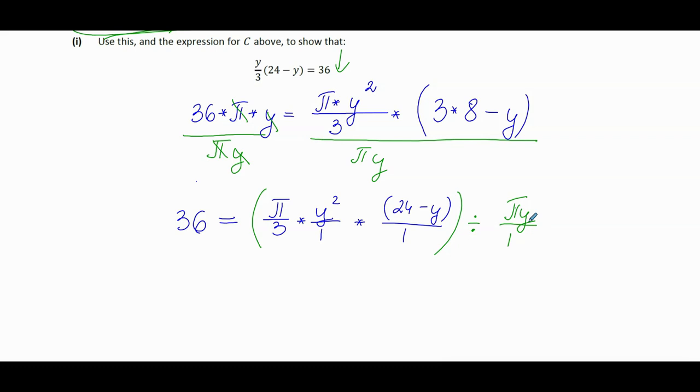Okay, so here let's change that division into multiplication, because if we have everything as multiplication, then it is easier to deal with. When I divide a fraction by a fraction, what do I do? I multiply, turning the second fraction upside down.